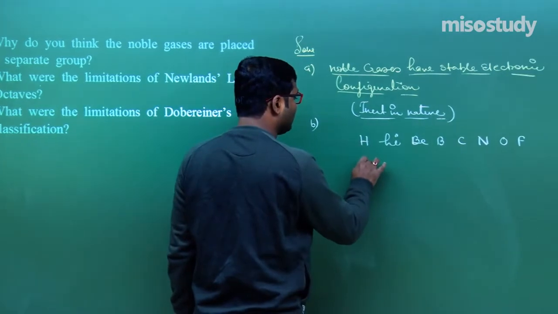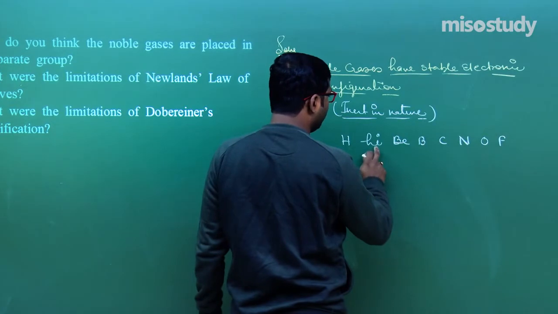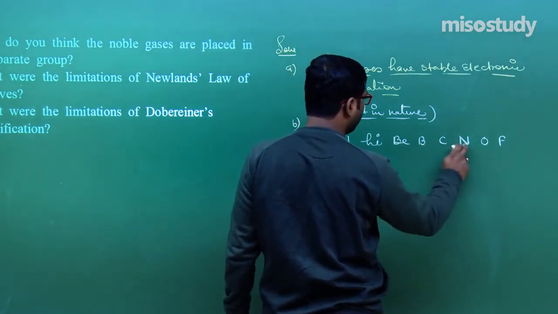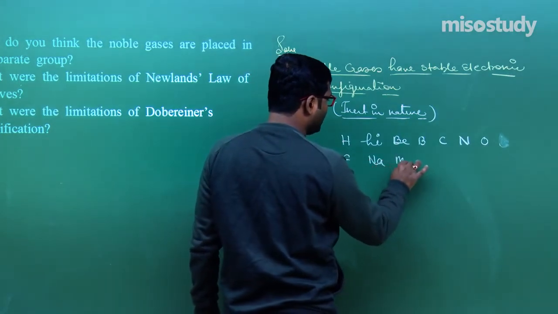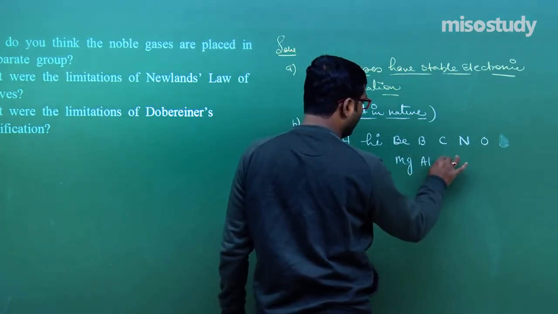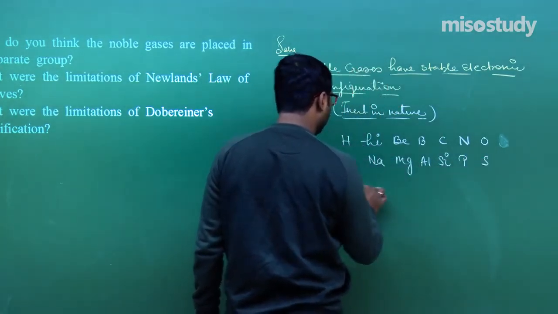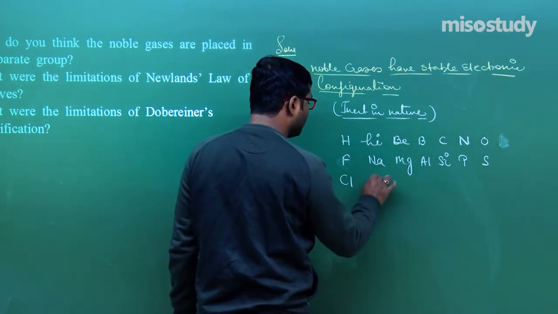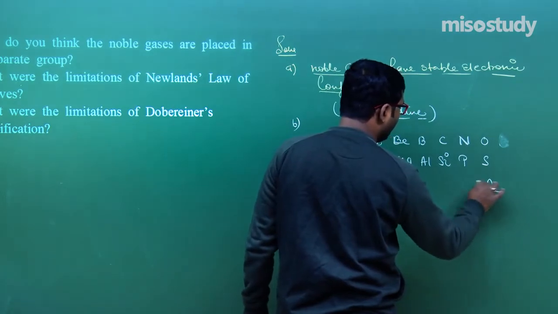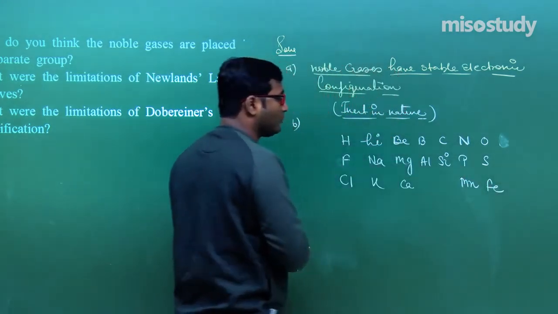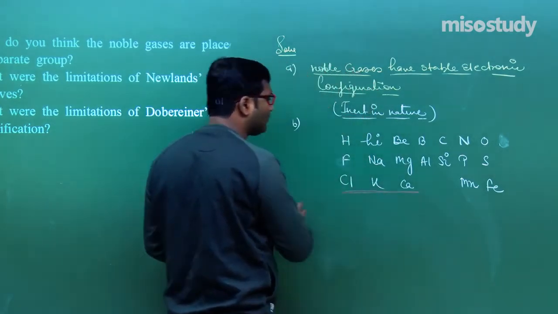Then hydrogen, lithium, 1, 2, 3, 4, 5, 6, 7, 8. There comes fluorine. Then sodium, magnesium, aluminum, silicon, phosphorus, sulfur, chlorine, then potassium, calcium. After that he put them wrong. He put here Fe, here Mn. That is, Newton's law of octaves was valid up to 20 elements, that is up to calcium.